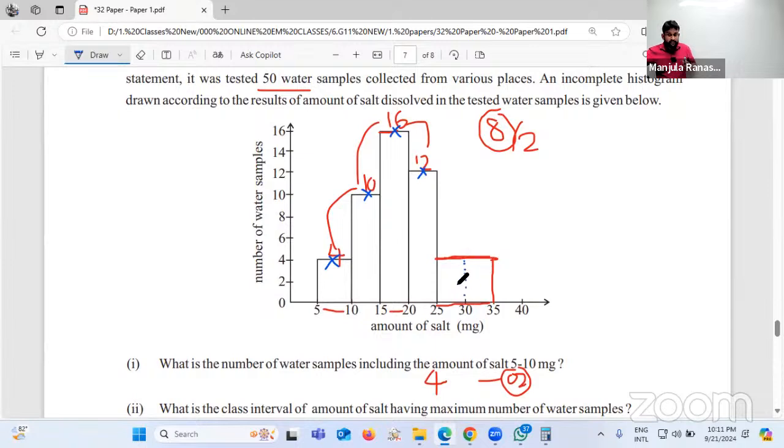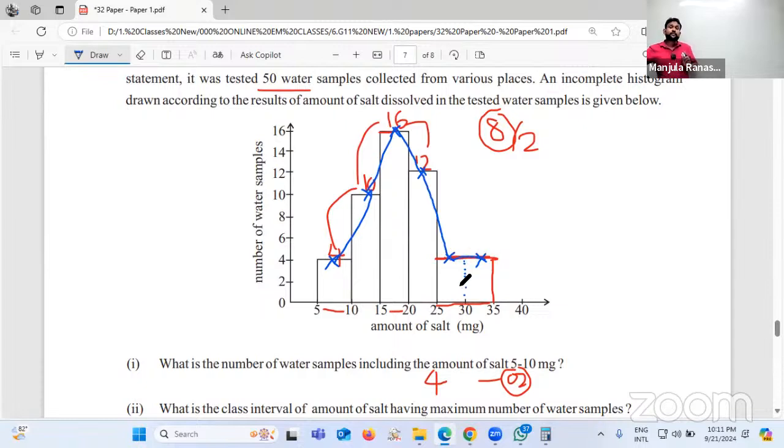You can separate this one into small bars. Here are 2 bars, so make 2 midpoints on each bar, here 1 midpoint and here 1 midpoint. Now connect these together with a straight edge. I am using the mouse here.